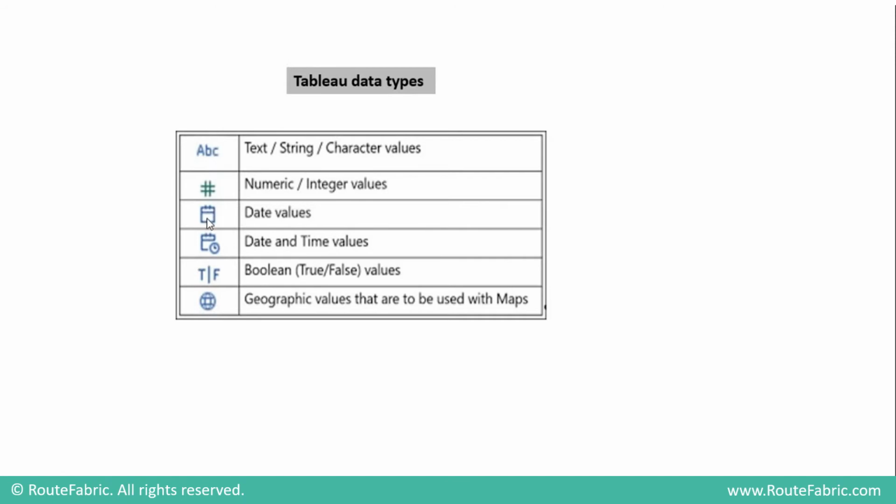Calendar represents date values, calendar with time represents date and time values. True or false represents a boolean type, and then the globe represents a geographical value. So these are the available data types in Tableau.